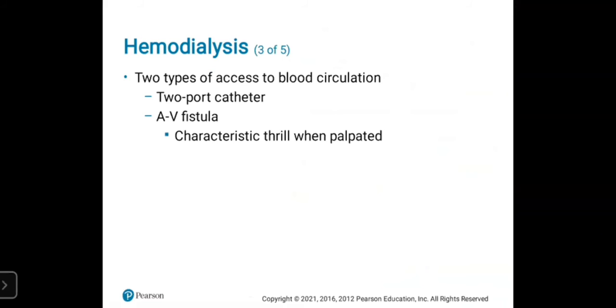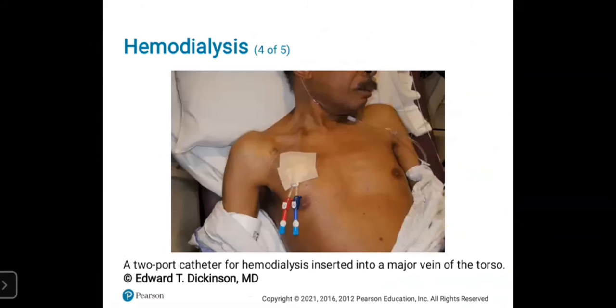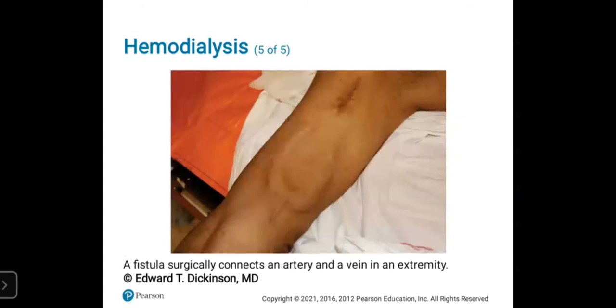Two types of access to the blood circulation: a 2-port catheter or an AV fistula. So here's a 2-port catheter for hemodialysis. And then here's a fistula. This connects an artery and a vein in an extremity.